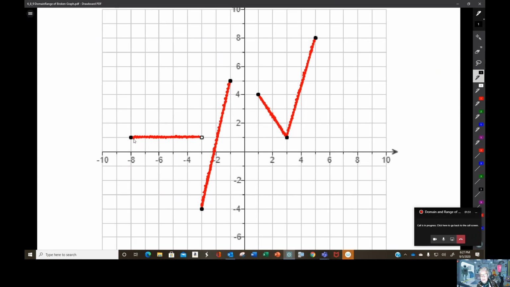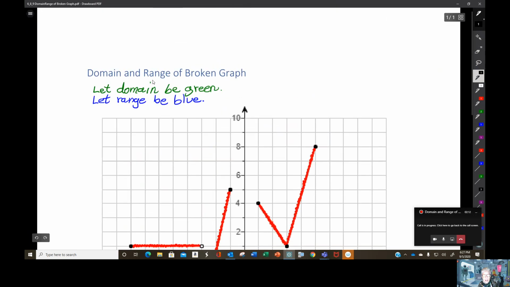But, you know, you have to make do with what you've got. So there are a bunch of little dots, little points, all up and down this line, because we're going to talk about what domain and range really are as we work this problem. So I am going to let the domain be green and the range be blue.